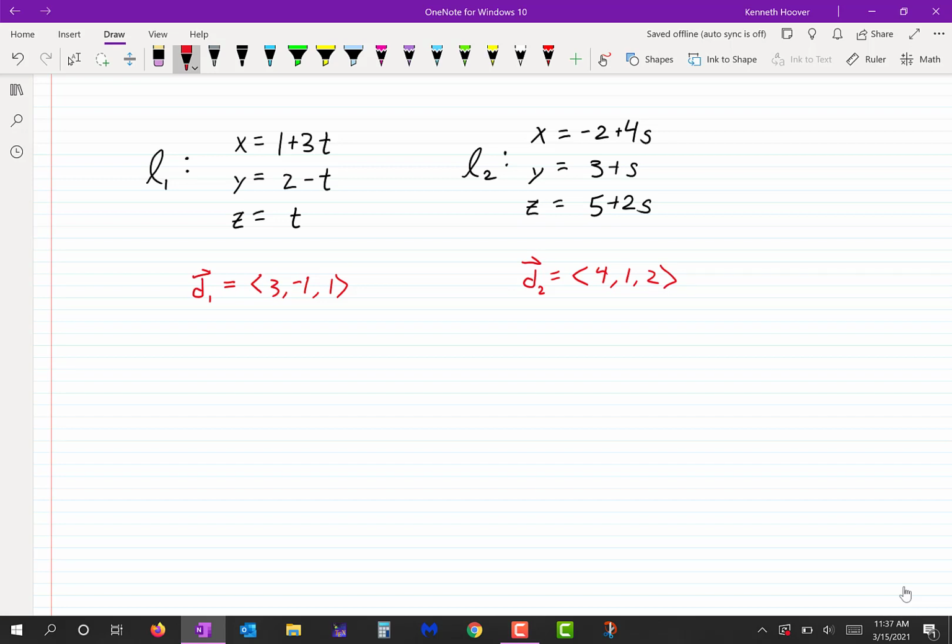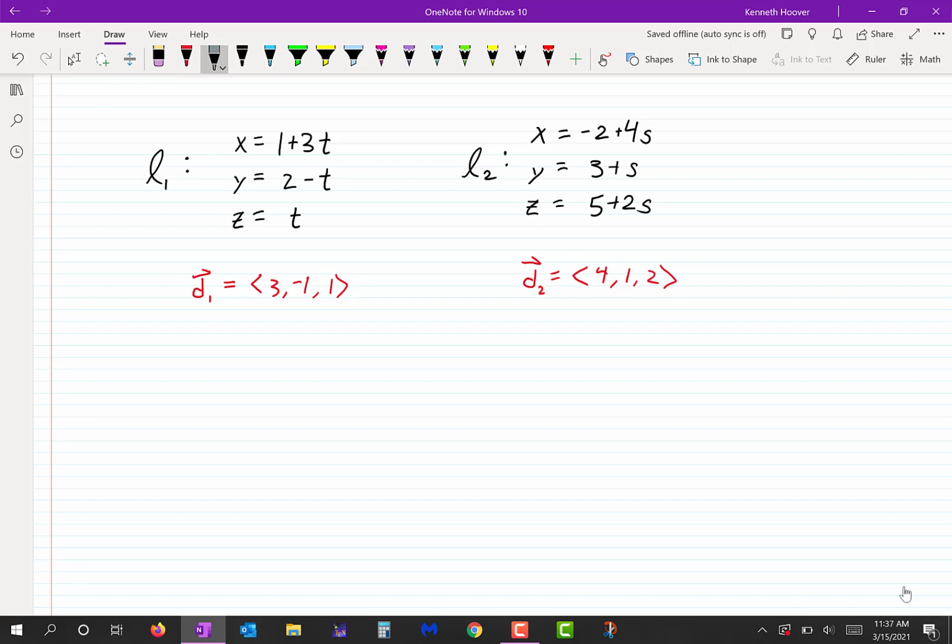So the 2 lines have 2 different direction vectors, which means, well, actually, let me say something different. It's not just that they're different direction vectors. It's that those 2 direction vectors point in different directions.